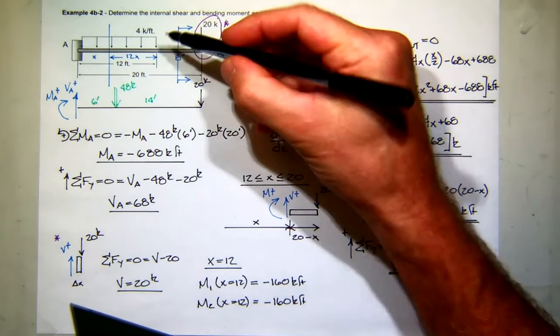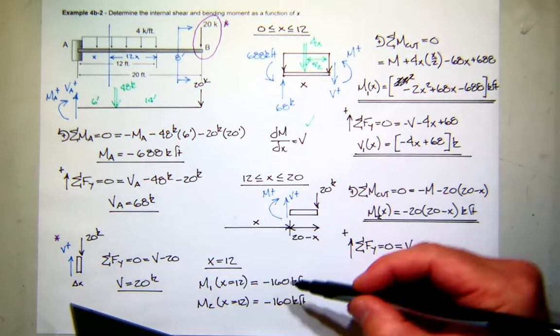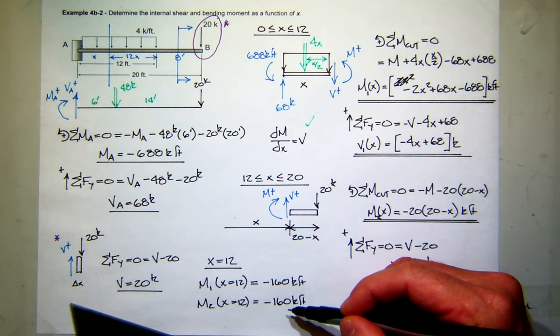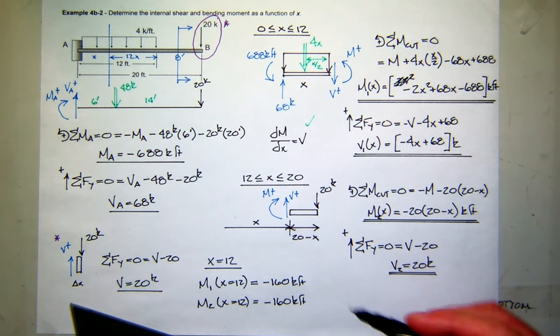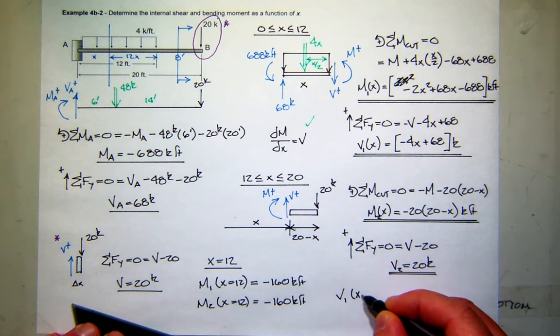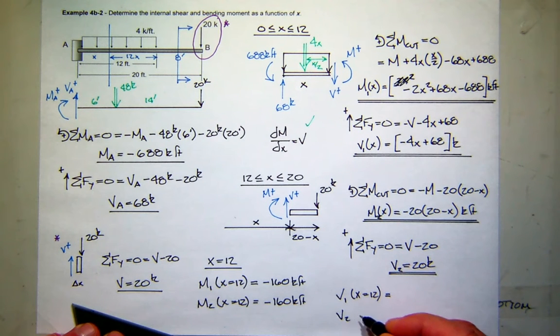Now, if oddly enough, right at 12, I had an applied moment, then these two values would differ by exactly that applied moment. But we don't have one of those. What about the shear there? What's the shear from 1 at x equal 12, and the shear from 2 at x equal 12?